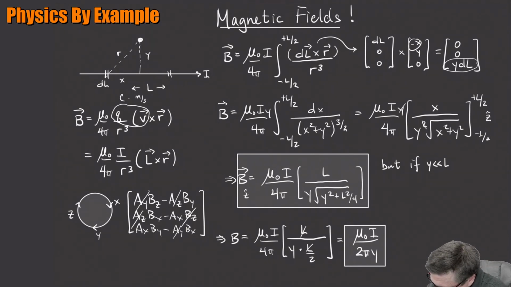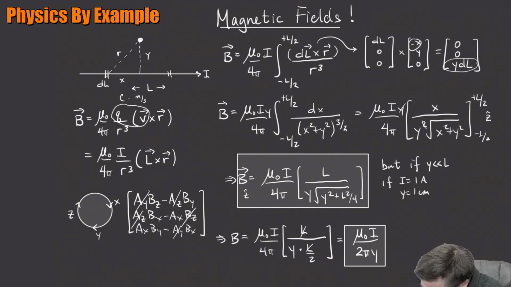Suppose I is, let's just keep the numbers easy, 1 amp. That makes it easy. And y is 1 centimeter. So if I'm 1 centimeter away from the wire, what is the magnetic field of a wire carrying 1 amp? Well, let's see. Mu naught over 4 pi, that's 10 to the minus 7, right? We got 2 of those.